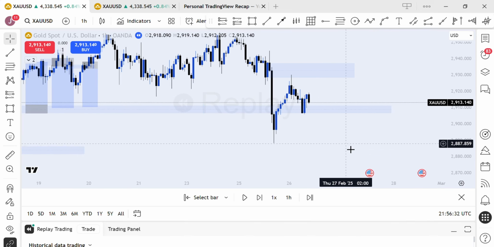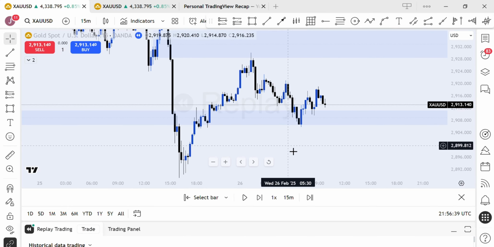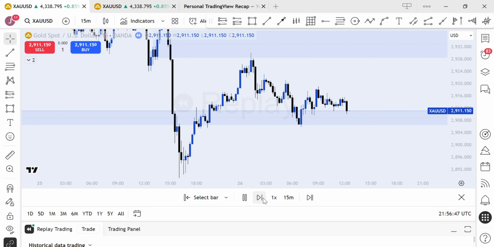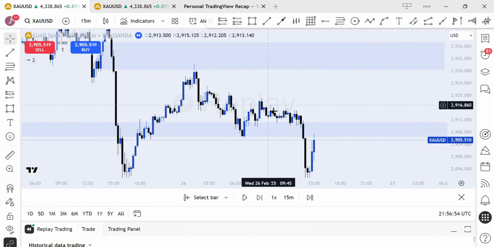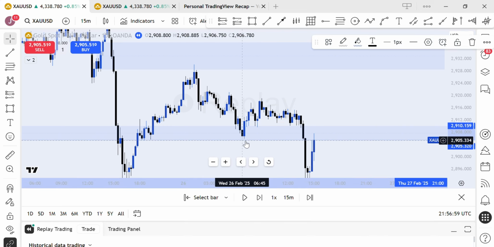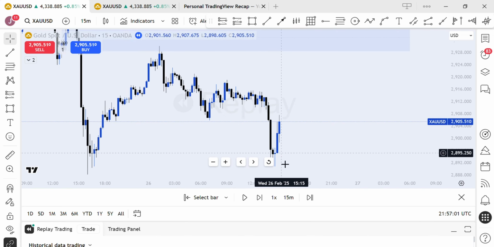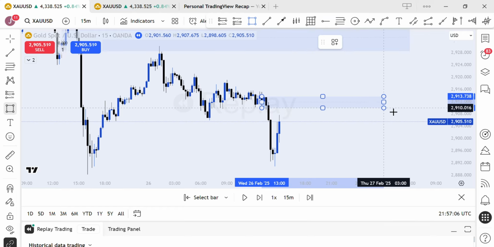So let's see who holds the market, buyers or sellers. Okay, so the sellers are dominating. So we'll delete this block. The sellers are currently dominating the market.